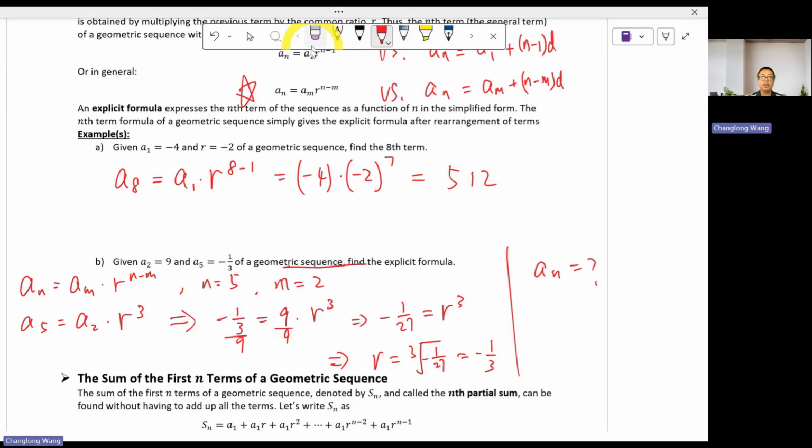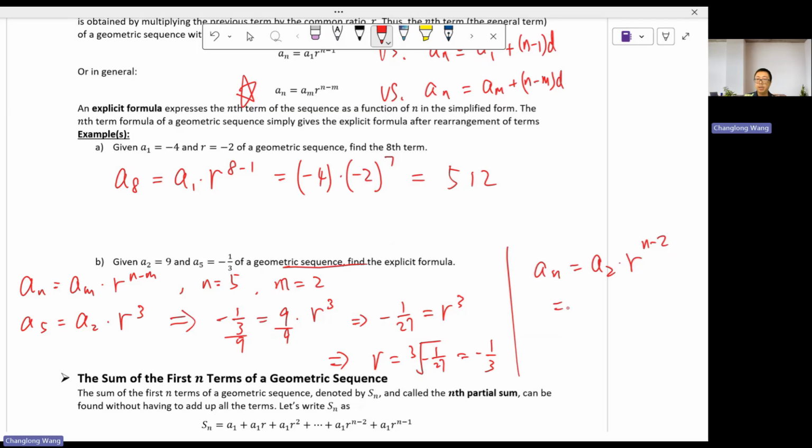Now, to get the a sub n, like I said, you should be flexible with where the starting point is. So how about we start from a sub 2? Right? So now you're going to have to multiply the common ratio up to n minus 2 times. That's raising the common ratio to the power of n minus 2, right?